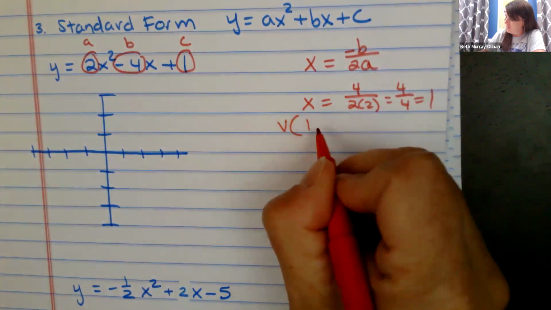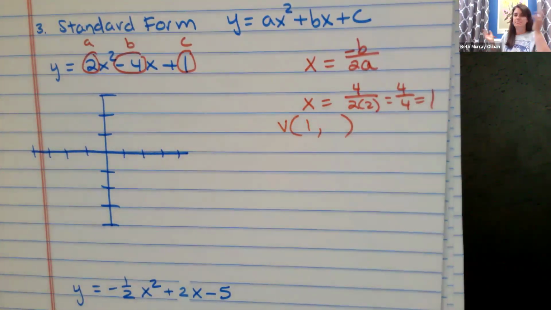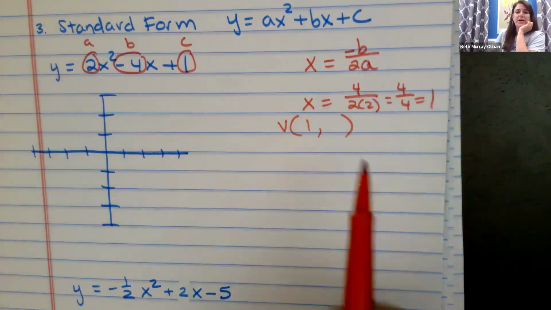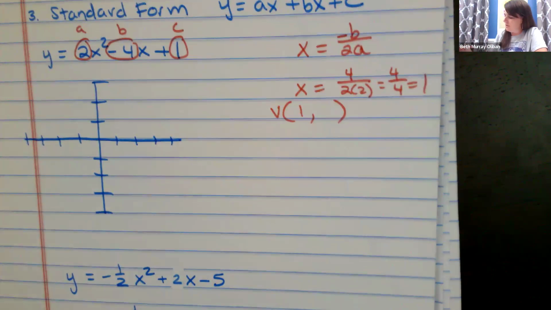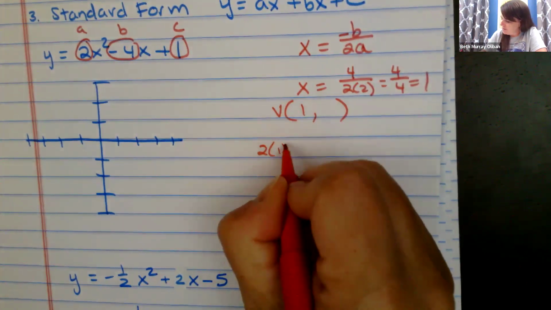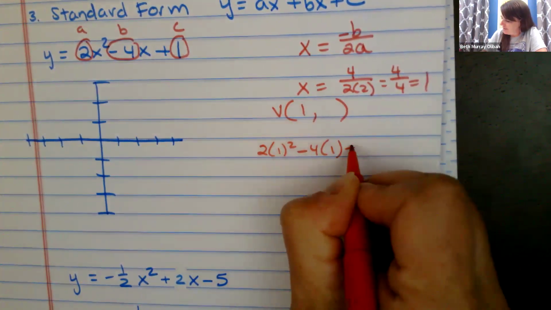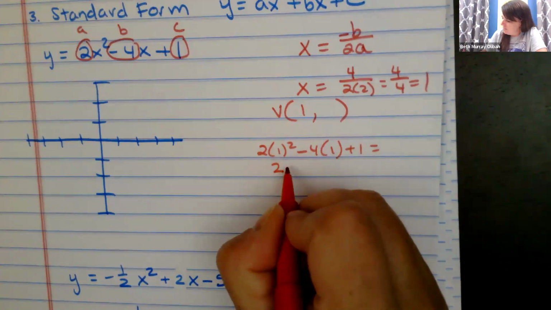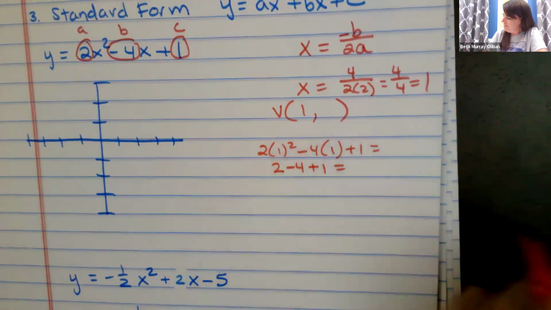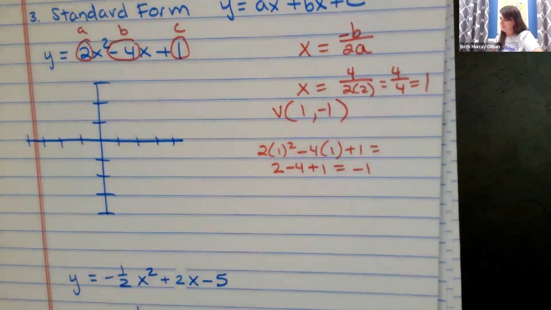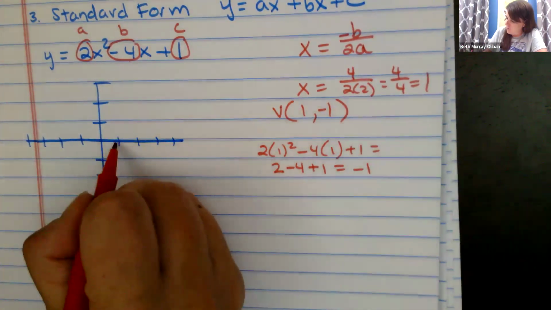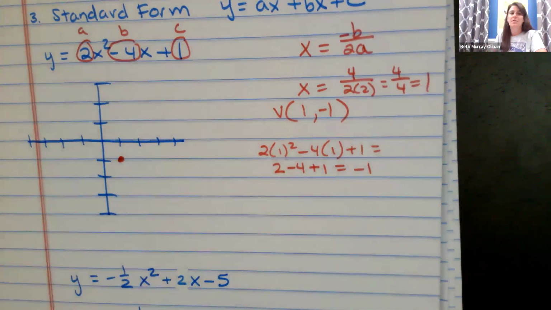So our vertex is 1, comma, I don't know yet, but I can take that x and plug it in to get the y value. So 2 times 1 squared minus 4 times 1 plus 1, 2 minus 4 plus 1 is -1. So my vertex is 1, -1.